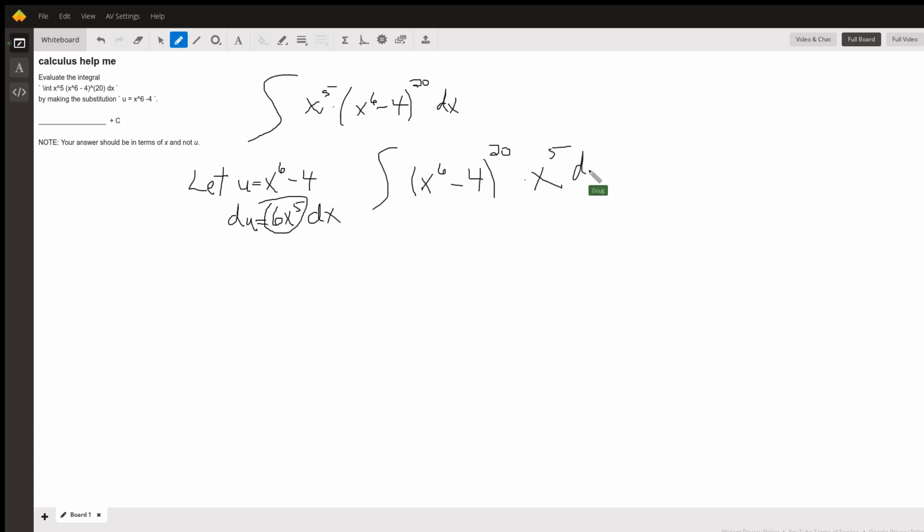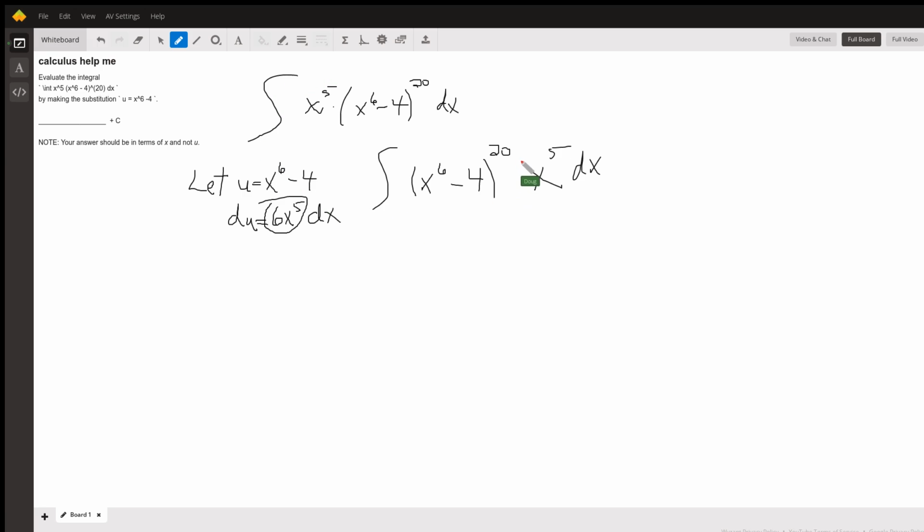to the right. And what we want to do is end up replacing everything in terms of u instead of x. And we want to end up with something in terms of u that's easy to find the antiderivative for. And here's how I was taught to do it.